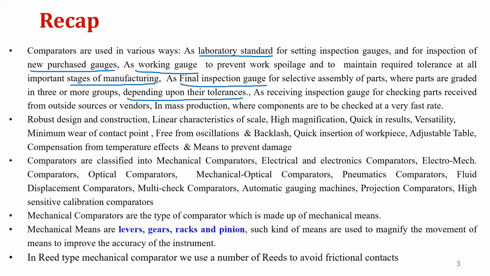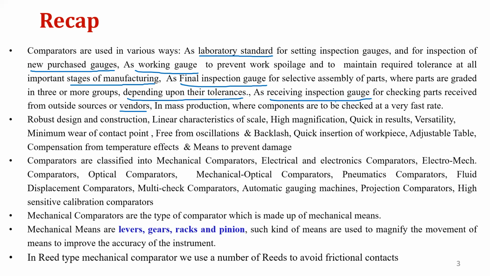We also use comparators as a receiving inspection gauge. If materials or parts are received from outside sources or from vendors, we use the comparator to check the parts for the required dimensions.